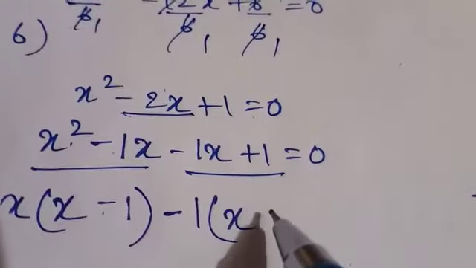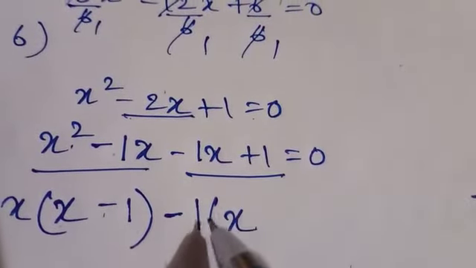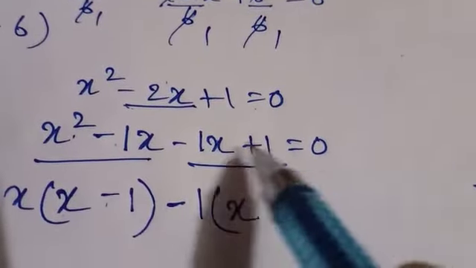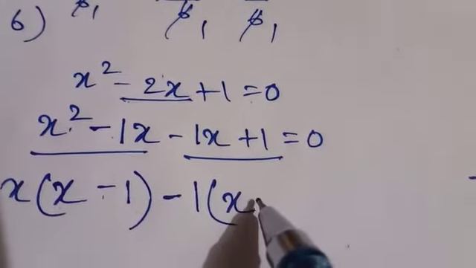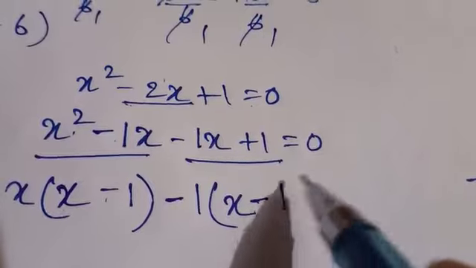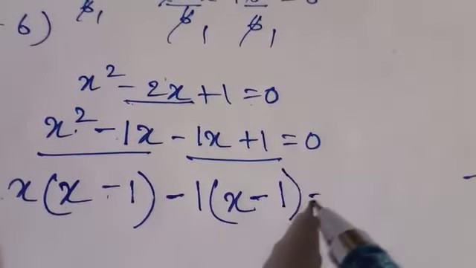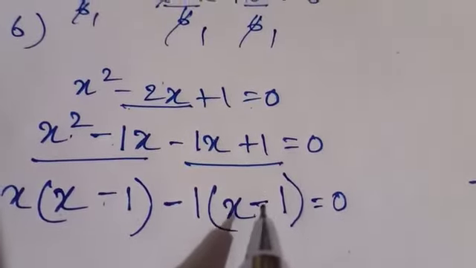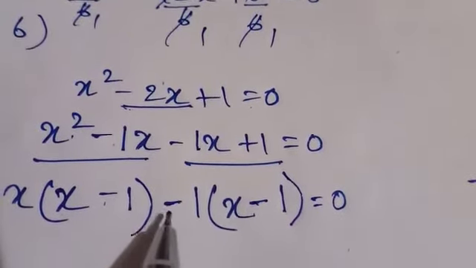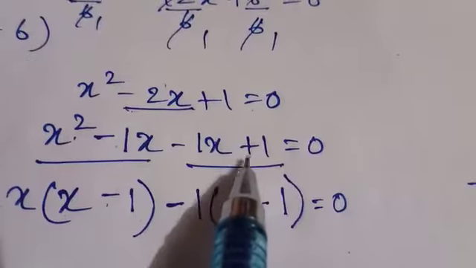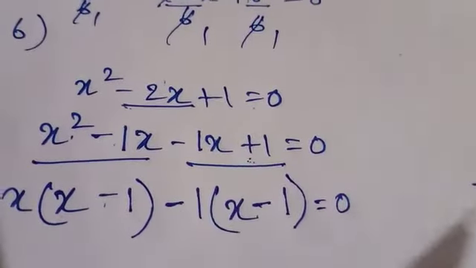So next, I have taken 1 as common. So here there will be 1. Why I have written minus here is, if we multiply minus into minus, then only we'll get plus sign.